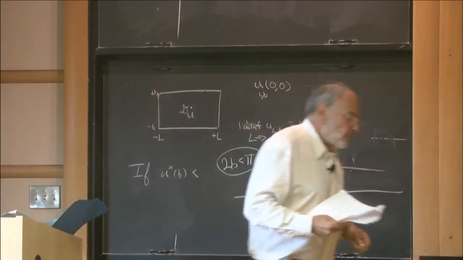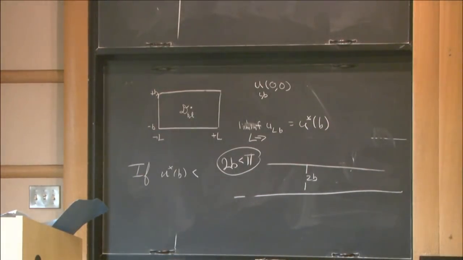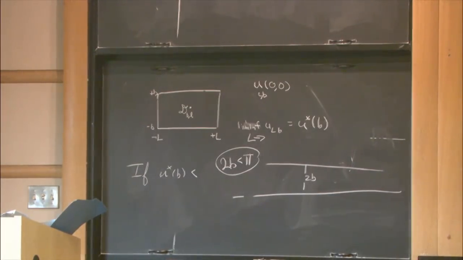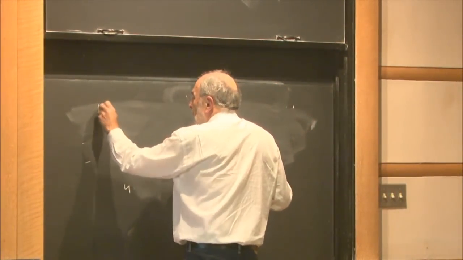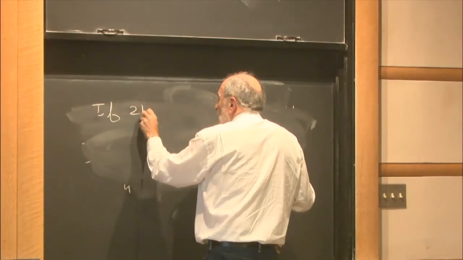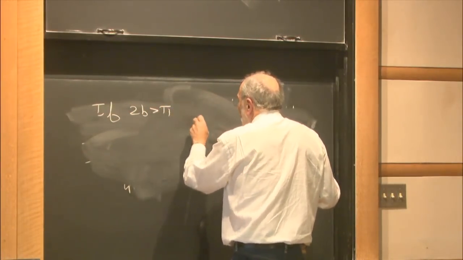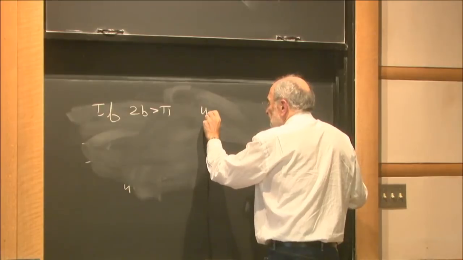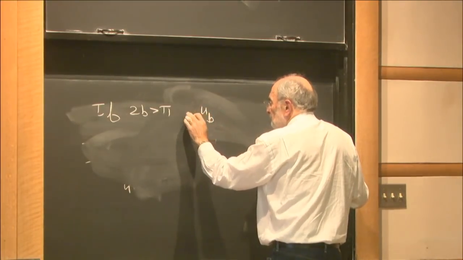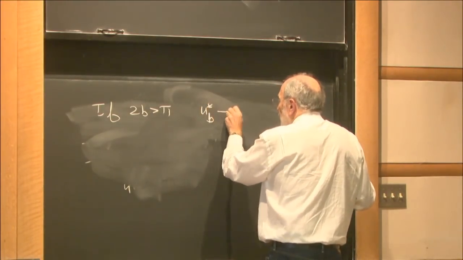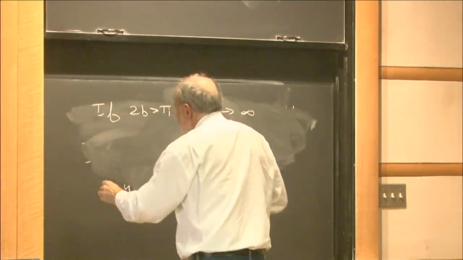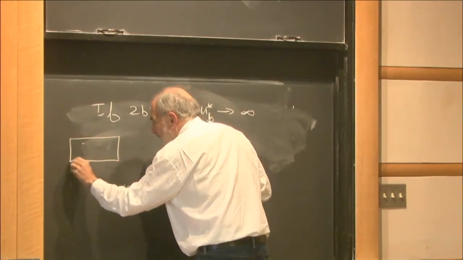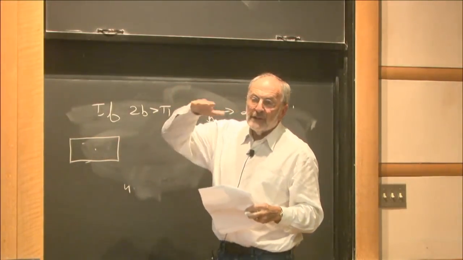If I'm in a situation where the width is bigger than pi, so if 2b is greater than pi, U_B star goes to infinity. So the center of this graph is getting infinitely high.